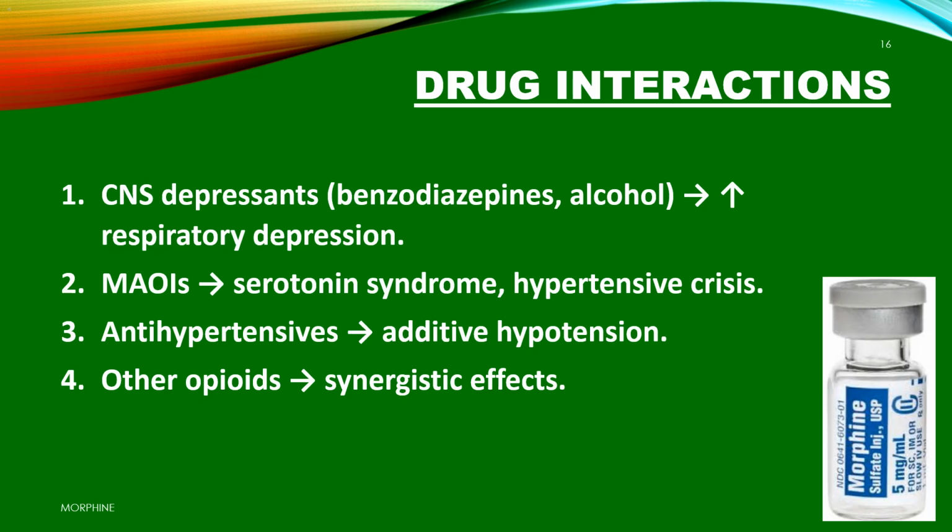Morphine can interact with MAOIs to cause serotonin syndrome, a serious condition characterized by excessive serotonin levels, and hypertensive crisis, a sudden and severe increase in blood pressure. 3. Antihypertensives. Morphine can enhance the blood pressure-lowering effects of antihypertensive medications, potentially leading to additive hypotension, low blood pressure. 4. Other opioids.